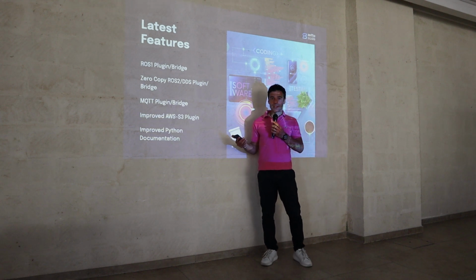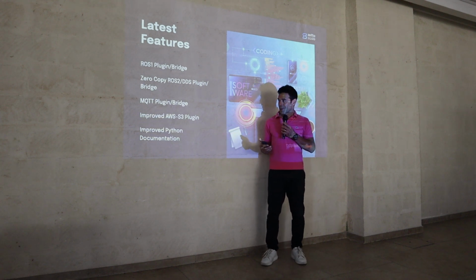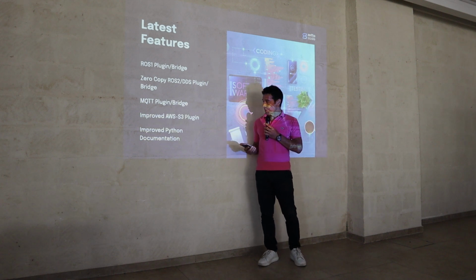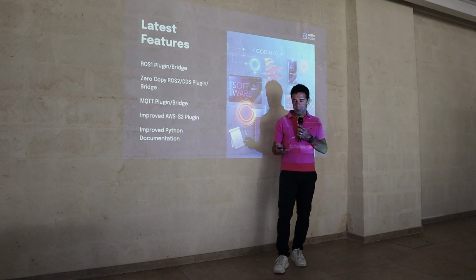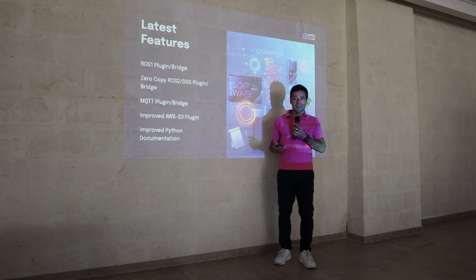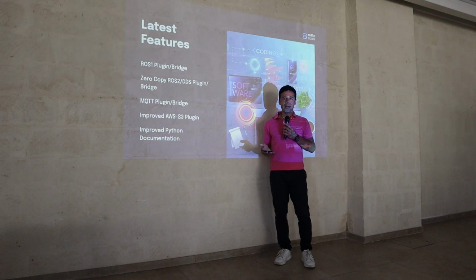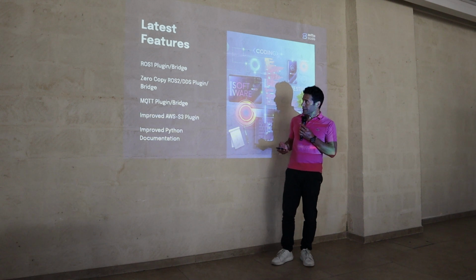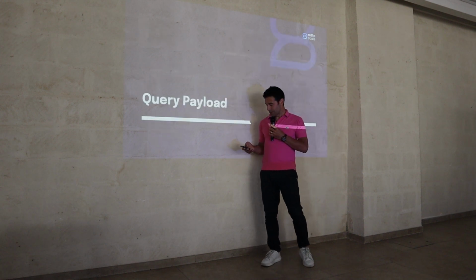We have released the MQTT plugin, and we'll see what the implications of that are. We improved our Amazon S3 plugin, and the Python documentation asks for quite a bit more information, to the level of the Rust API, which is pretty well documented. So let's dig into some of these updates.